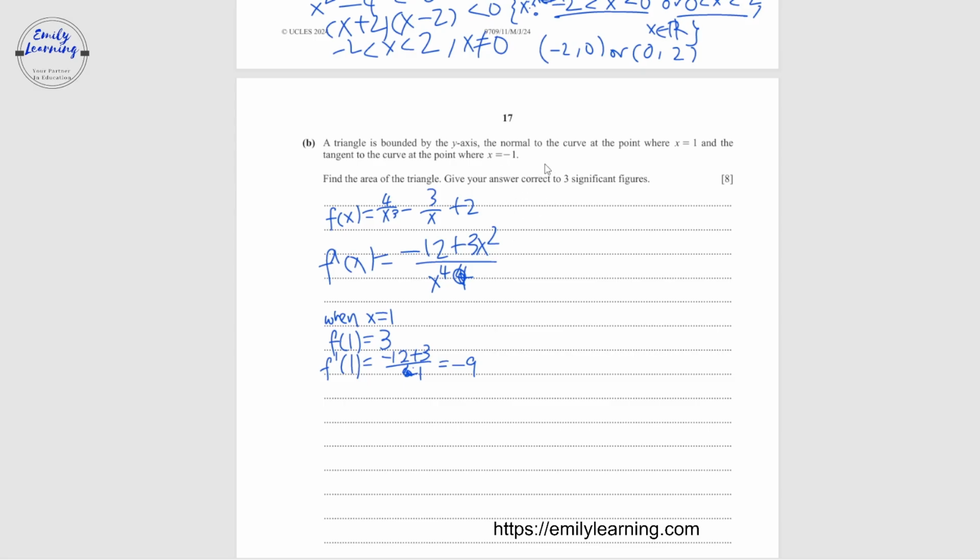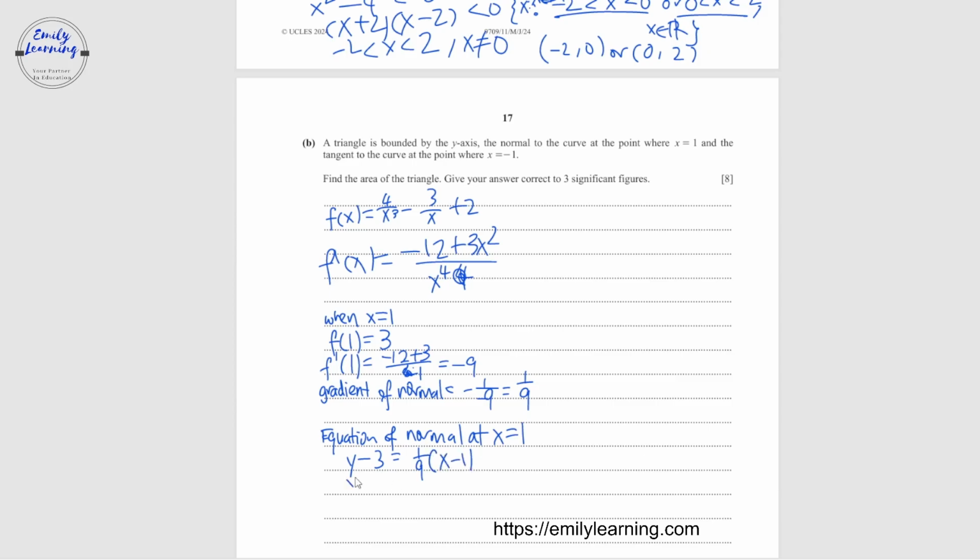So because I'm interested in the normal at x equals 1, the gradient of the normal is negative 1 over the gradient of the tangent, which gives me 1 over 9. So the equation of the normal at x equals 1 will be y minus 3 equals 1 over 9 (x minus 1).